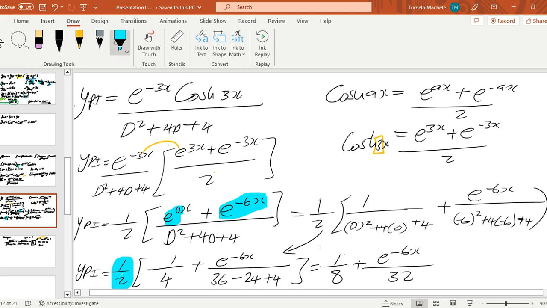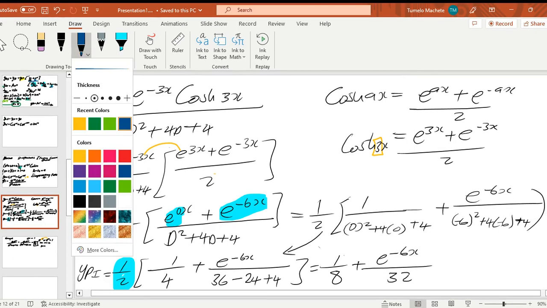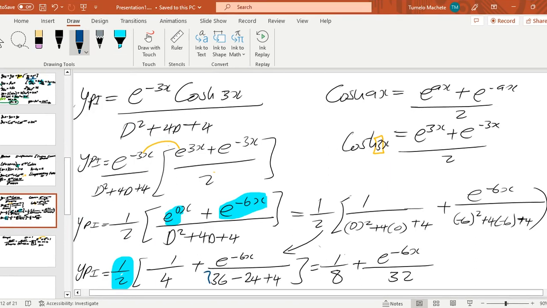So remember, this 1 over 2 multiplies everything. So here, let me write with blue. In here, I got 16, because it was 36 minus 20. Then I got 16, 16 times 2, it's this. So this will be your final answer for your YPI.